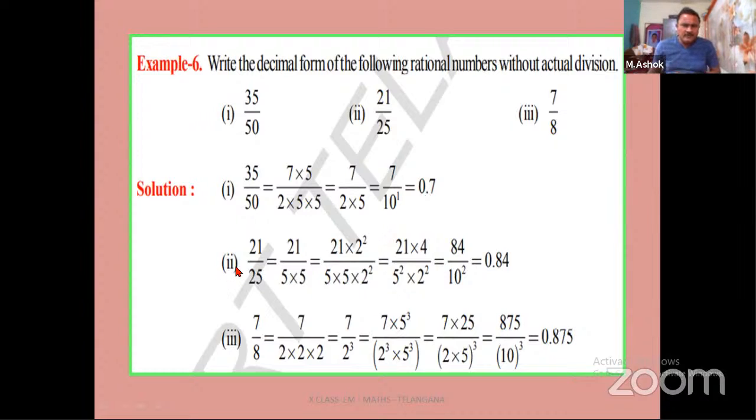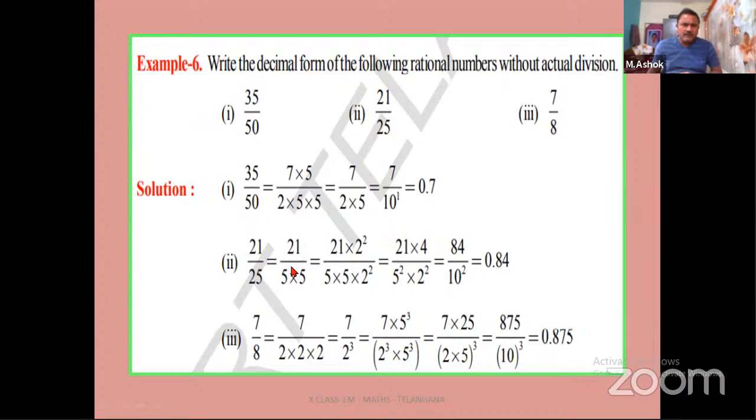Now look at the second question, second bit. 21 by 25. So 25 can be written as 5 into 5, which means 21 by 5 square. 5 square means we need 2 square to get 10 square.